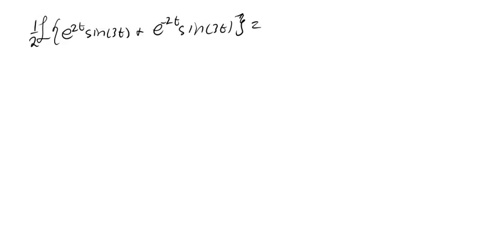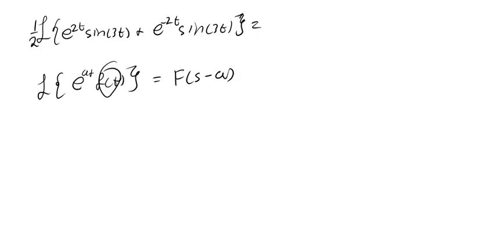It's in the arrangement e to the at multiplied by f of t. When looking for the Laplace transform of such an arrangement, this is just going to be F of s minus a. So all we have to do is pick our f of t, which in this case is this one.